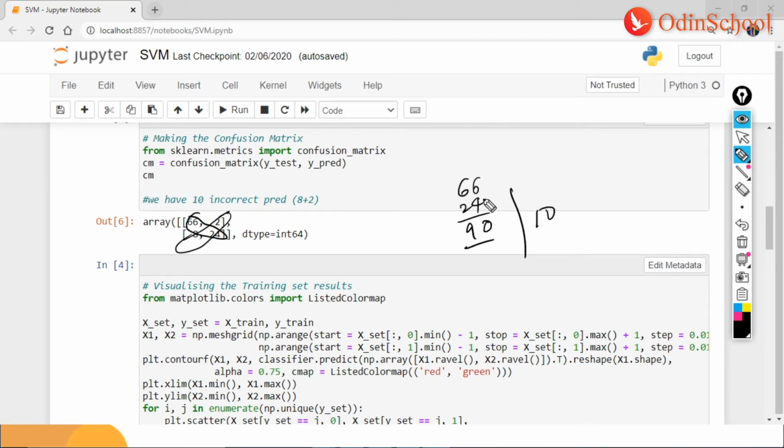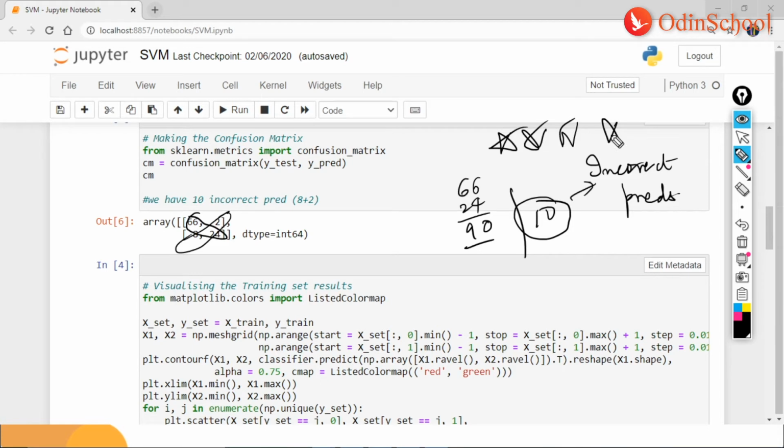So now we see that we have an accuracy of 90%, or you could also say that we have 10 incorrect predictions, which means that this is a beautiful classifier, to be very honest.